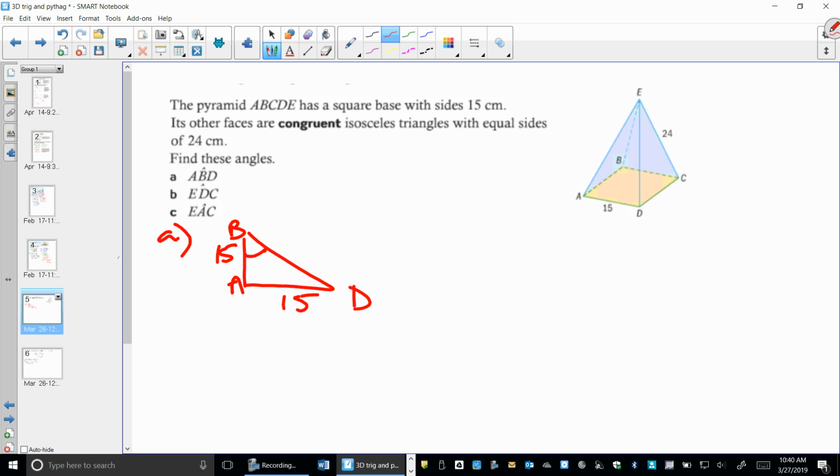Yes, good. And we're trying to find that theta. So we're doing SOH CAH TOA. H is useless to us, so we're looking at TOA. So tan theta is 15 over 15. So theta is tan to the minus 1 of 1.